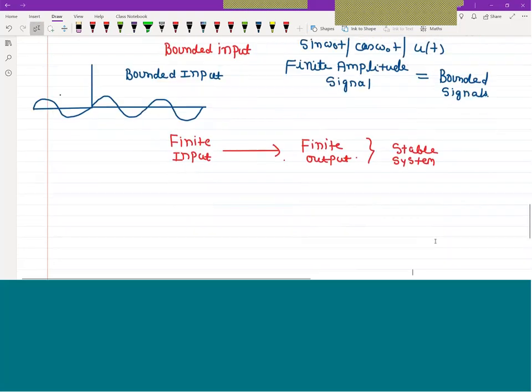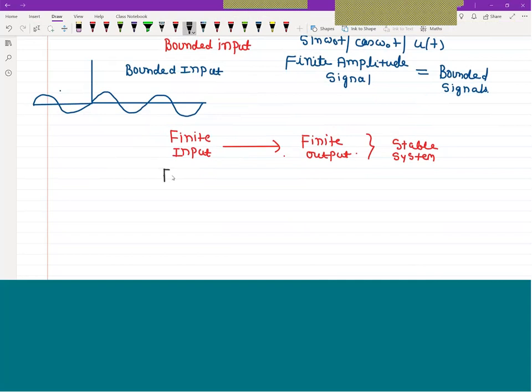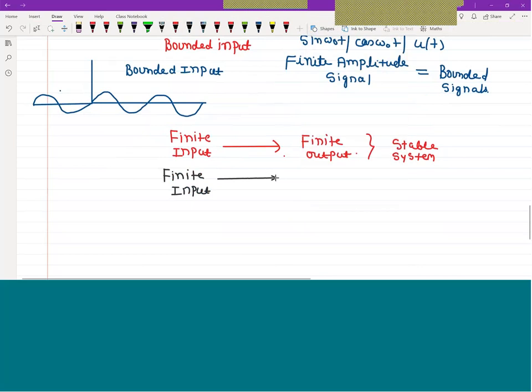Or we can say, if a finite input provides an infinite output, this type of systems are known as unstable systems.